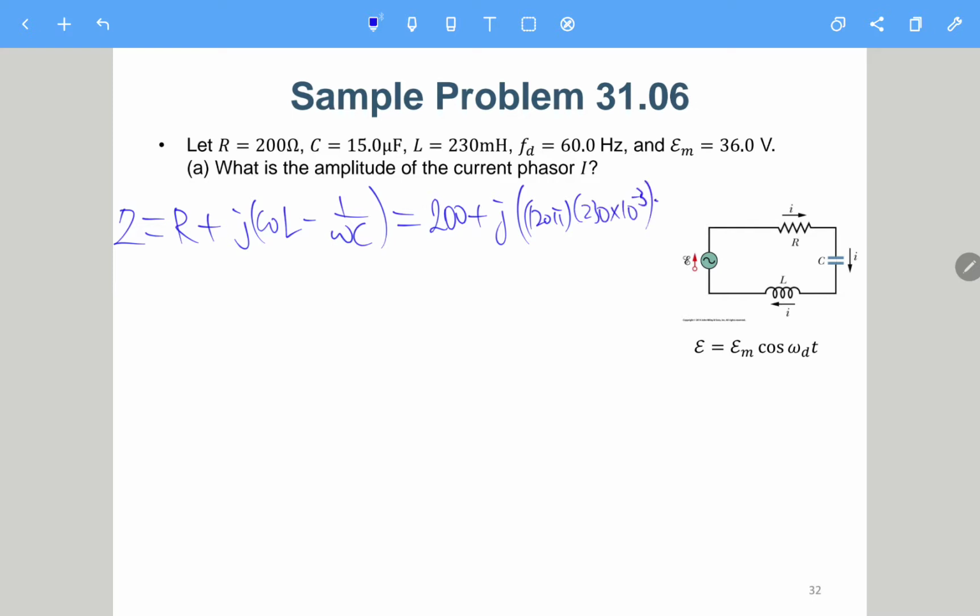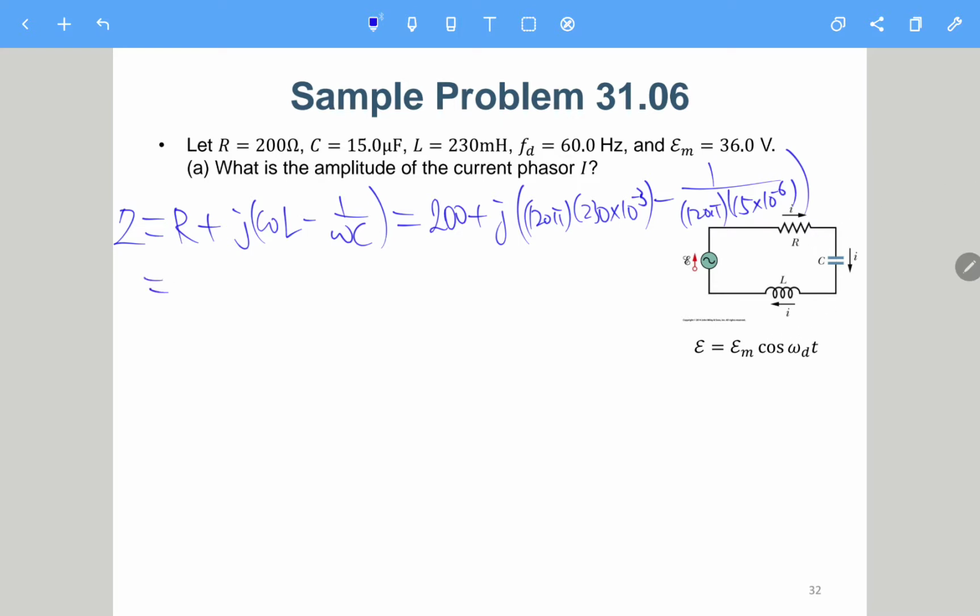Okay, then minus 1 over 120 pi, and then C is 15 times 10 to the minus 6, like this. So this is the impedance of the RLC.